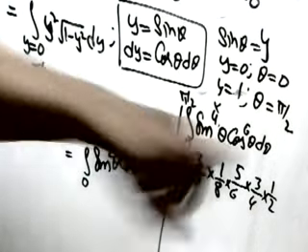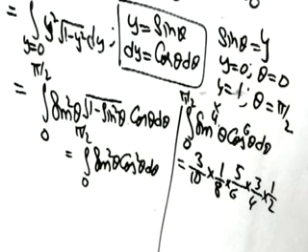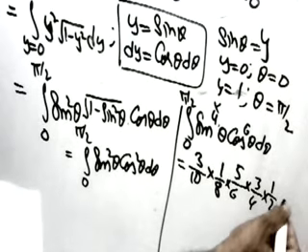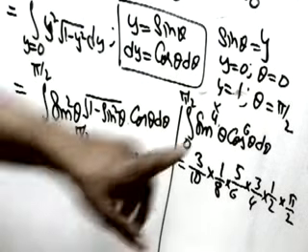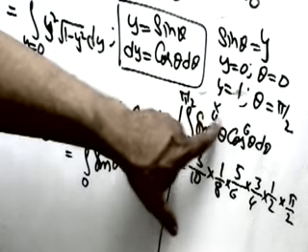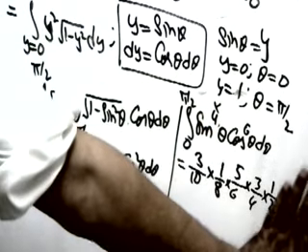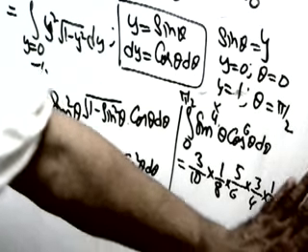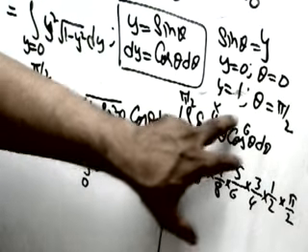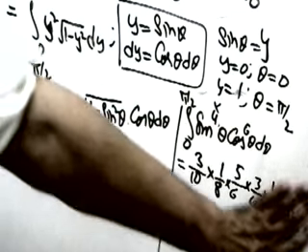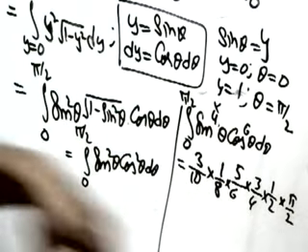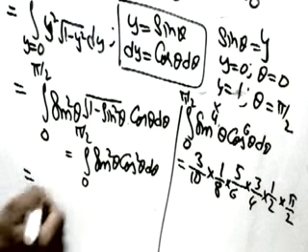Lastly, if both numbers are even, then we have to multiply by pi by 2. If one of them is odd, or both are odd, we have to finish here itself. We should not write pi by 2. But if both are even, we multiply by pi by 2.